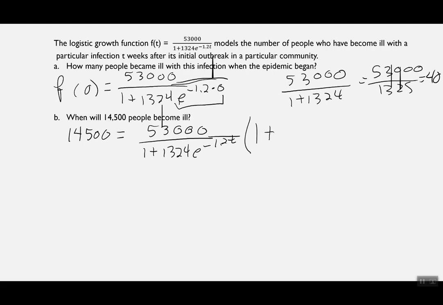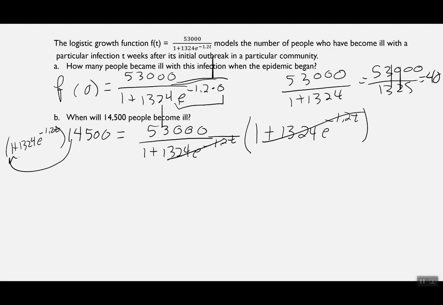I'm going to clear the fraction by multiplying both sides by that denominator. Okay, so on the right side, it just goes away. On the left side, I have this 1 plus 1324 e to the negative 1.2 t times 14,500.